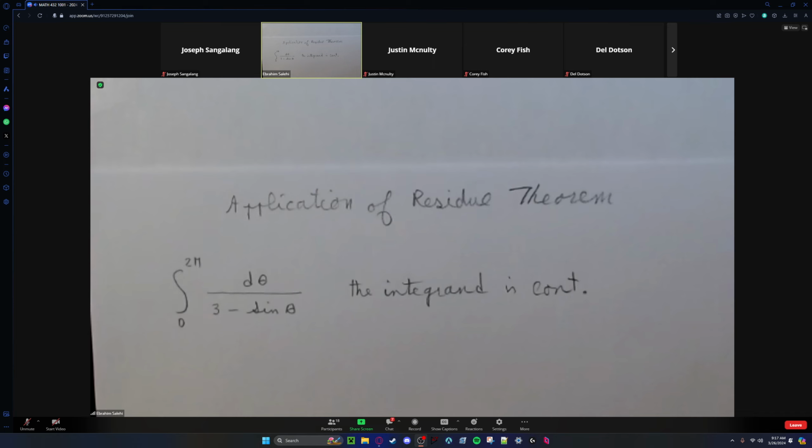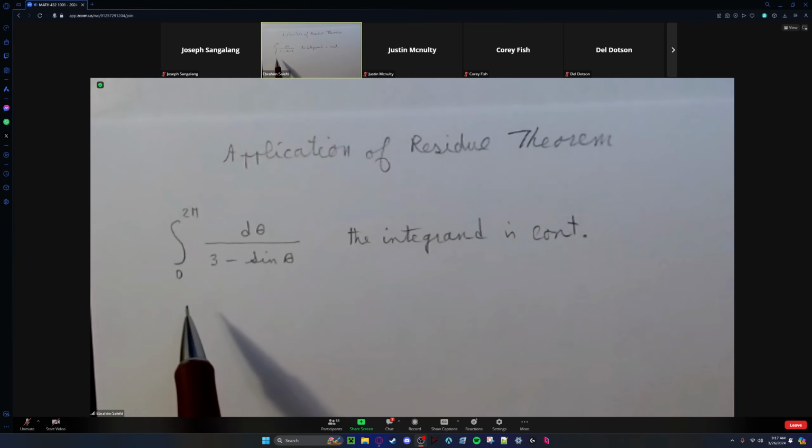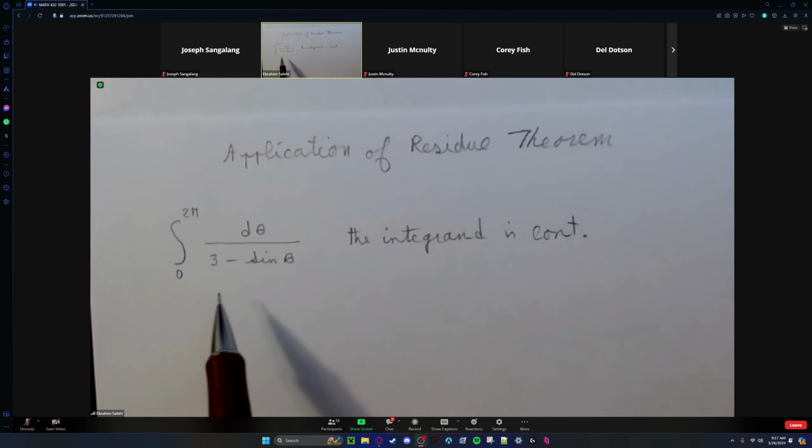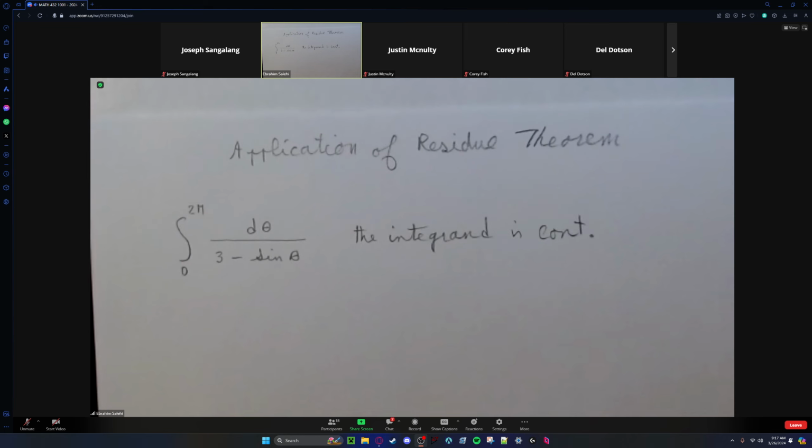The process is pretty beautiful and nice because the question is, how do we convert this to a complex integration? Oh, here is how. I'm going to let z, so let z be e to the I theta.